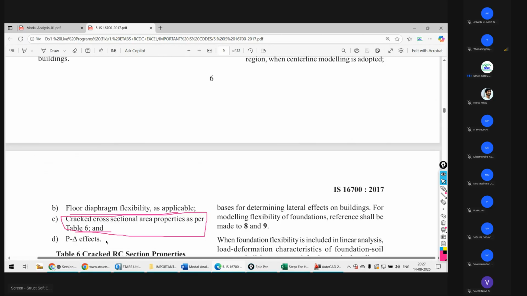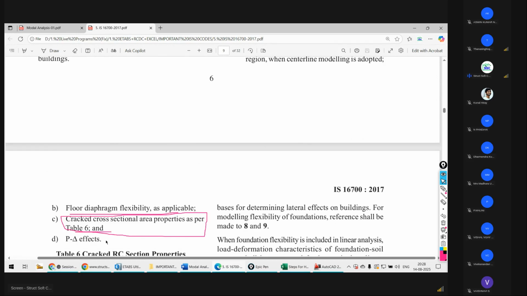So, what is the P delta effect? What is the P delta analysis? Let's try to understand. It is nothing new. We are already considering the P delta in every structure, but we are considering the first order P delta effect.